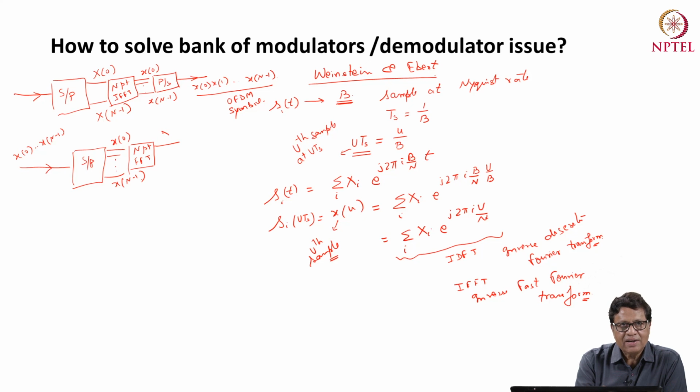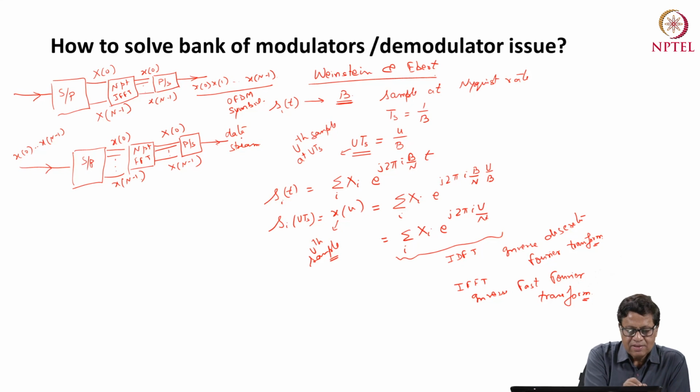The coefficients are nothing but the data symbols. So this is X0, and this will be Xn-1, and then you have a parallel to serial converter, and you get your data stream out. This is your data stream. This is the input data stream.